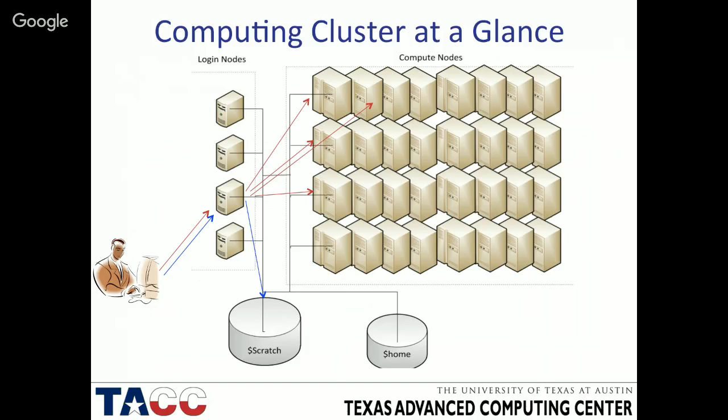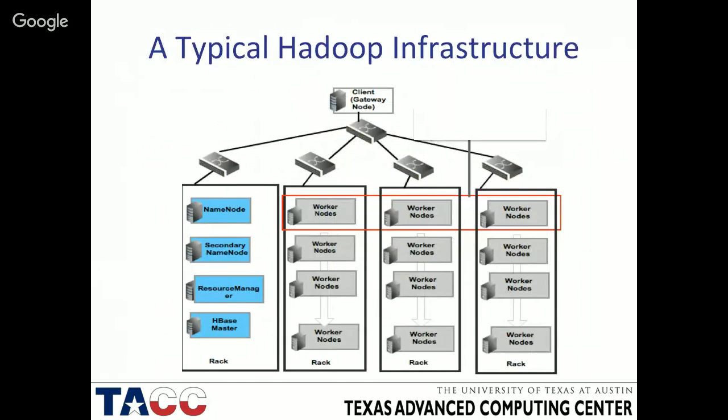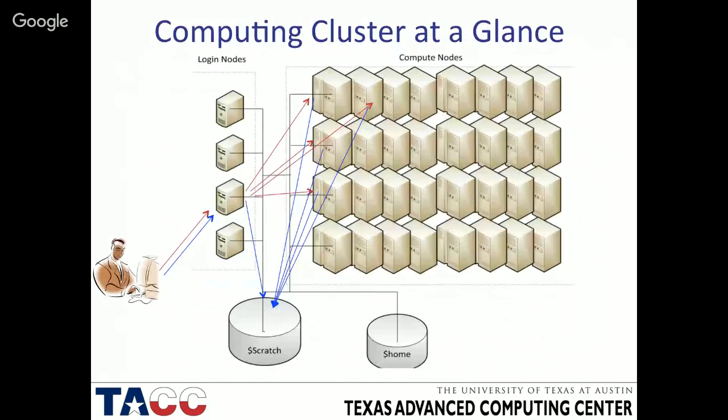Then you get 4 nodes, and for each of the 4 nodes, you need to tell it where and how you are going to get your data from. That's the typical way a MPI program works, or how HPC was used before MapReduce. The MapReduce infrastructure is a little bit different, because in these pictures, there is really no difference between, say, the login nodes and the compute nodes; they are exactly the same.